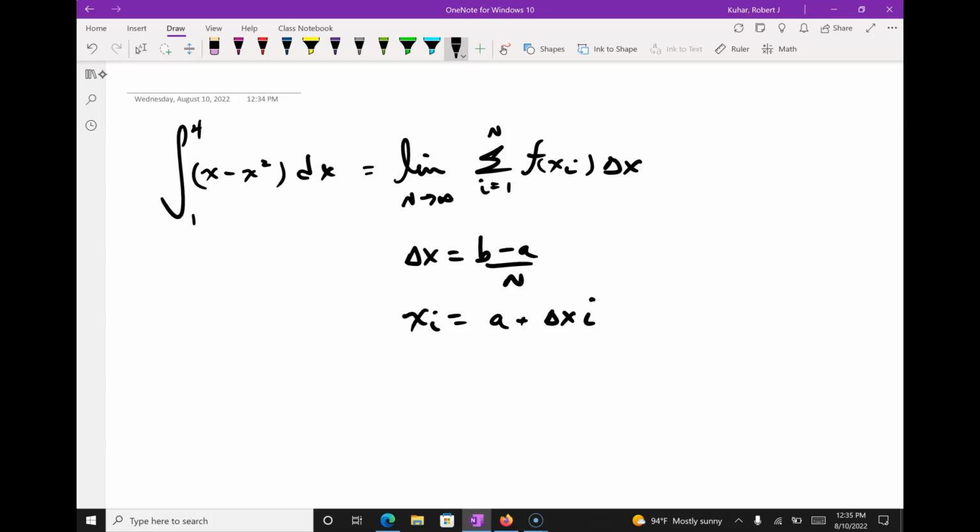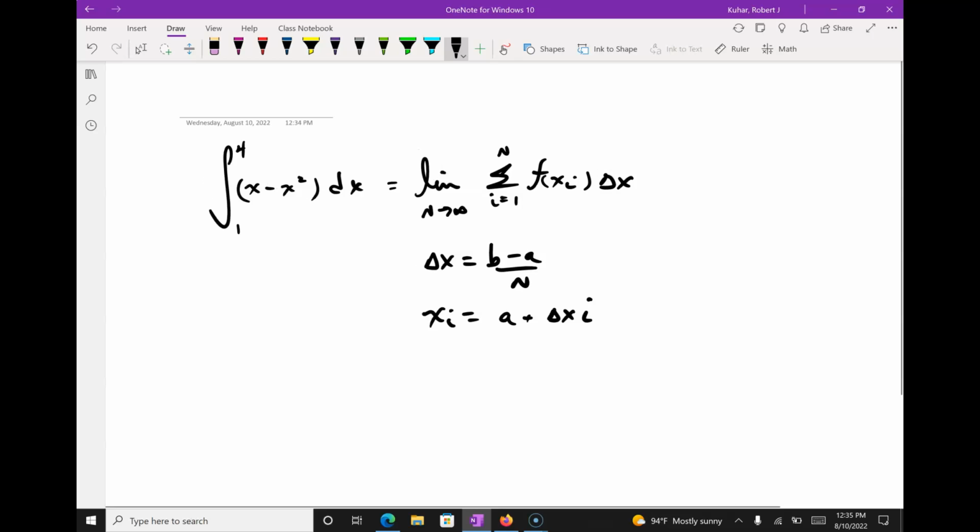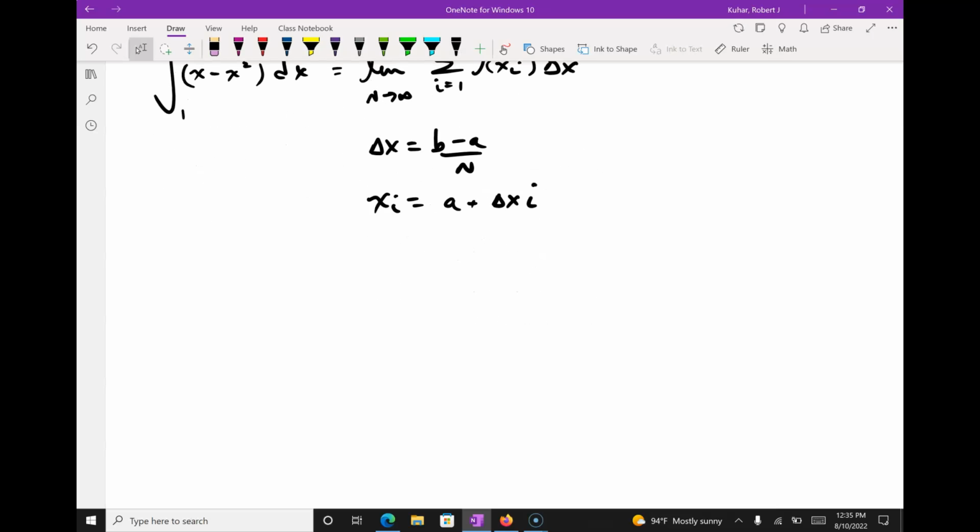So these things have kind of been figured out for us, but it really came down to that picture of me drawing those rectangles.